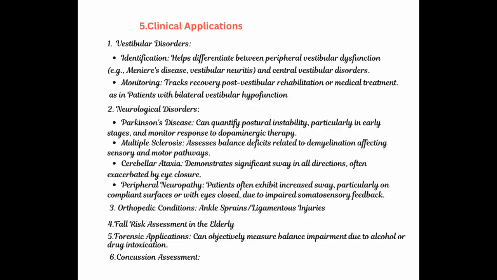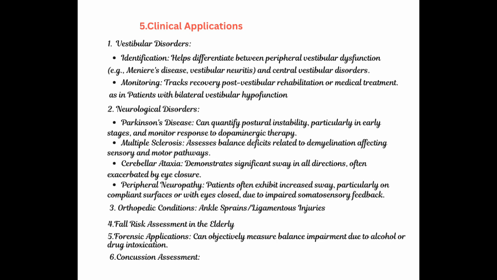Post-surgical assessment monitors recovery of balance after joint replacement surgery. Then fall risk assessment in the elderly, and also prediction, that identifies individuals at high risk of fall, allowing for targeted interventions. This also establishes a baseline for balance performance.